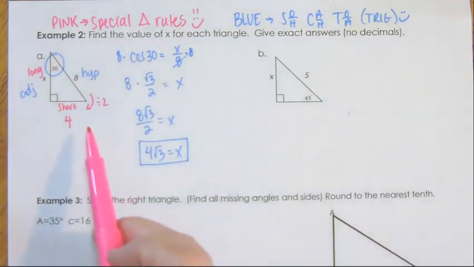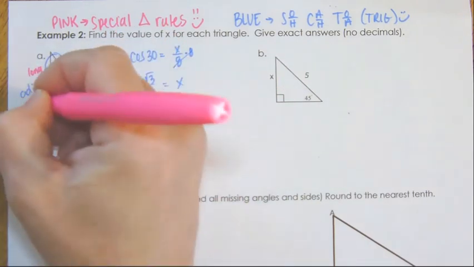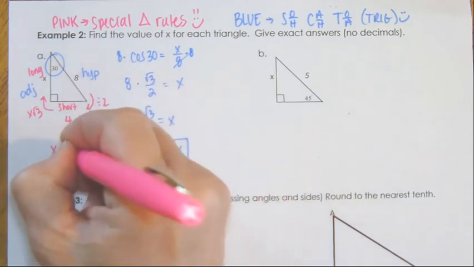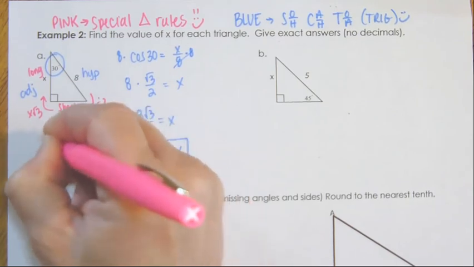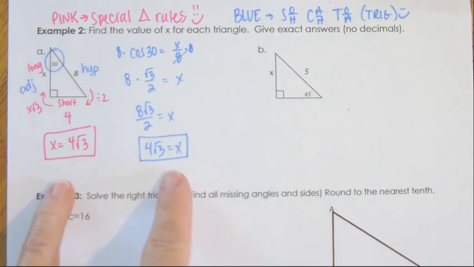And then to get from the short side to the long side, I multiply by radical 3. So 4 times radical 3 is going to tell me what x is, and that's just 4 radical 3. Same answers, just different methods of doing it. And I don't care which way you want to do these. Let's try another one.